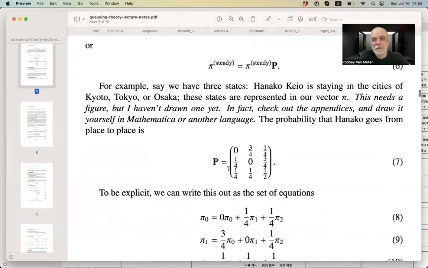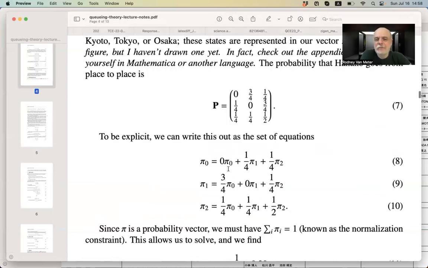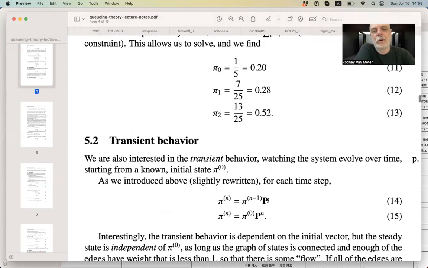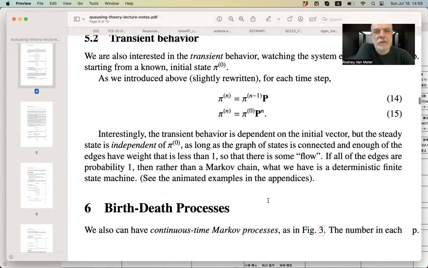But what I want you to understand is that using this set of tools, you can evaluate probabilistically the probability that you're in a particular state in the system, and you can find what are called the steady state behavior of the system, as well as the transition states of the system. And you can calculate that using relatively simple math. None of this is really super complicated stuff, even though it might seem like it a little bit at this point.